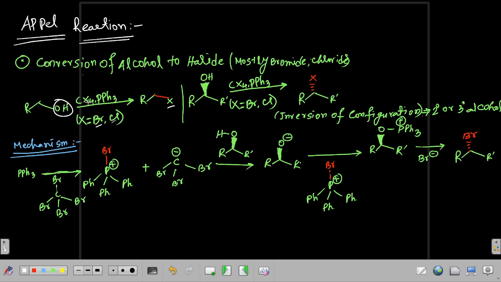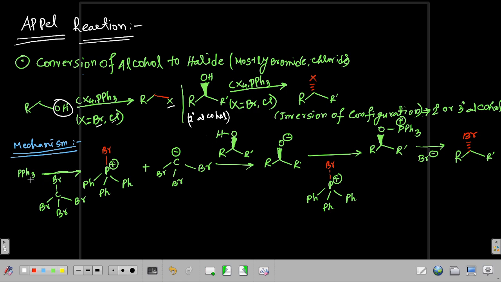So the reagents will be carbon tetrahalide and triphenyl phosphine. In case of 2-degree alcohol, it will react and give the halide with inversion of configuration, in case of 2-degree and 3-degree alcohol.